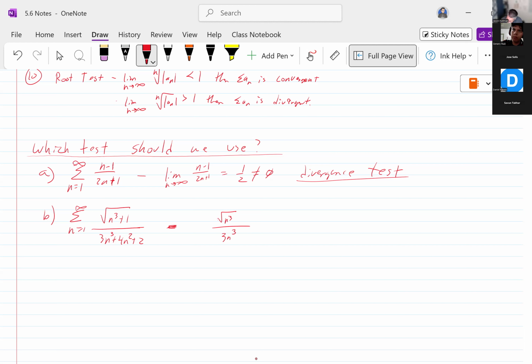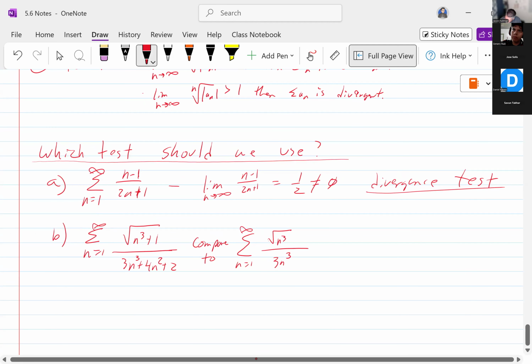Okay. So we can compare this to this guy, n equals 1 to infinity. This thing becomes n to the 3/2. Let me give myself some more room.